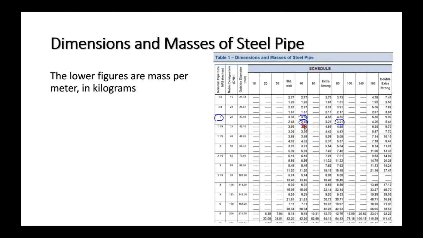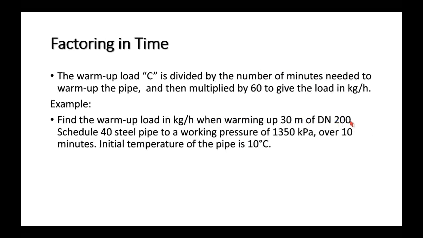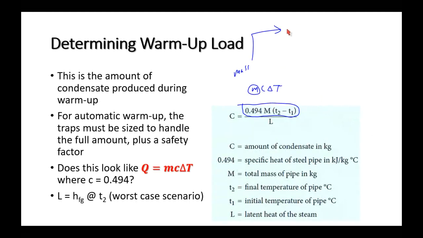So this 1-inch pipe, schedule 40 is 2.48 kilograms per meter, and schedule 80 is 3.21 kilograms per meter. So we've got the mass per meter, and then we just need to know how long the pipe is. So the mass is kilograms per meter times the meters in length.